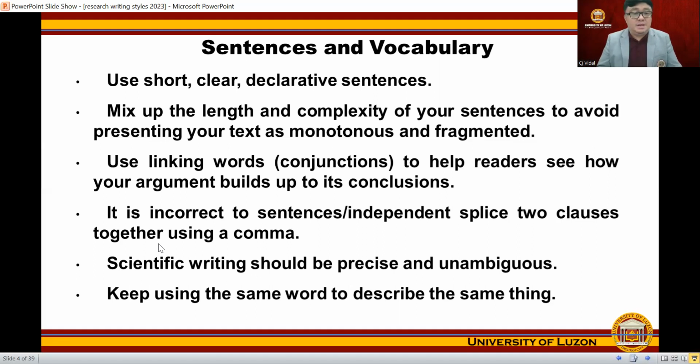Number four, remember that the full stop or semicolon needs to be placed before linking words if you are connecting two independent clauses. Definitely not a comma. It is incorrect to splice two sentences or independent clauses together using a comma.